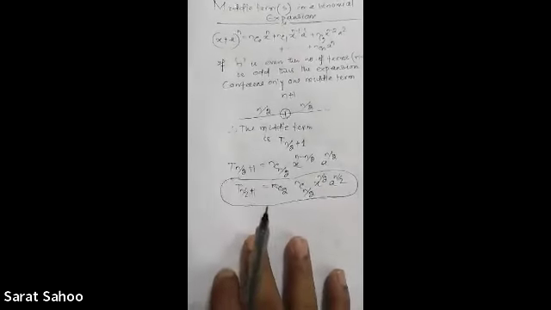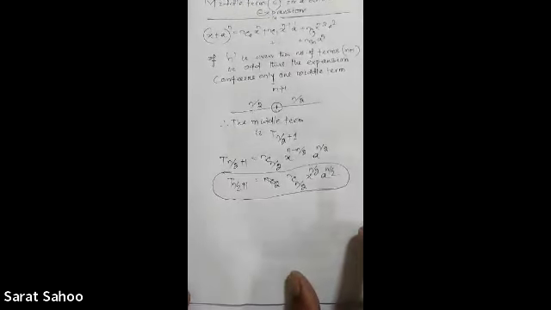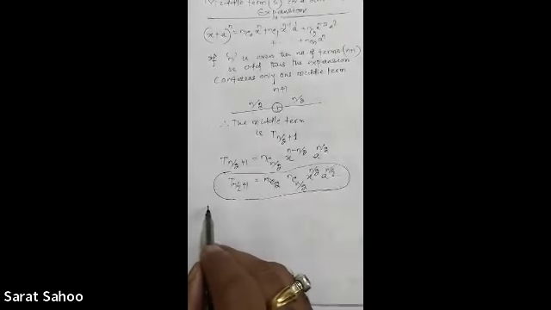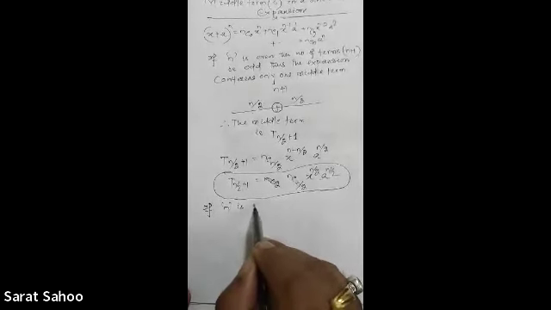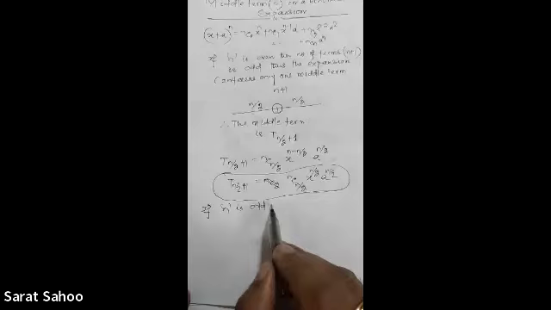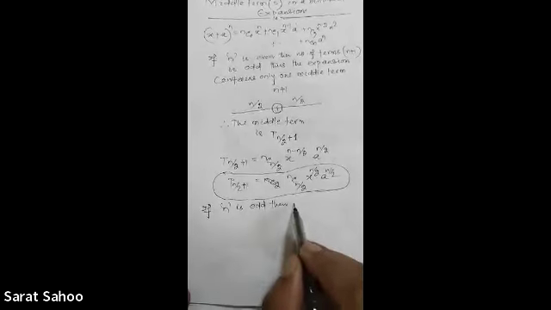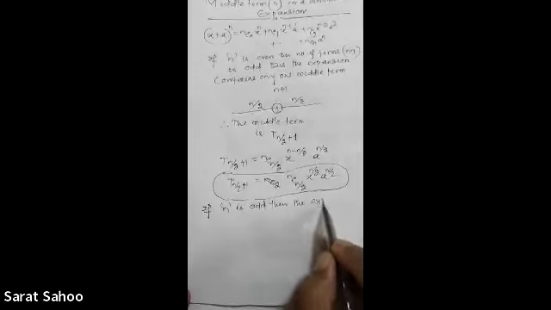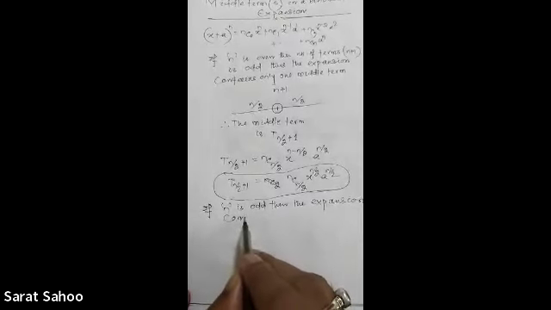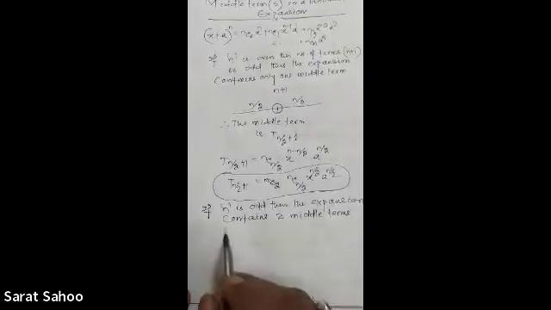Okay. That is if n is even. Now if n is odd, then the expansion contains two middle terms.